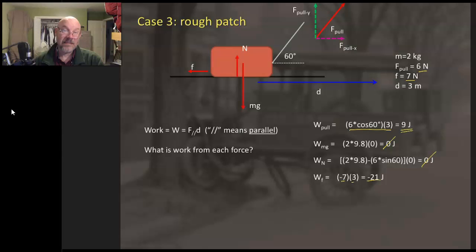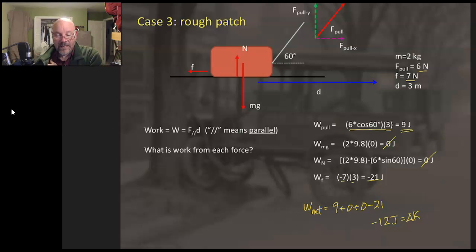So you can see what's happening now. The net work: now we're looking at 9 plus 0 plus 0 minus 21. If I do my math right there, that means negative 12 joules is our delta K. So this thing's going to slow down.